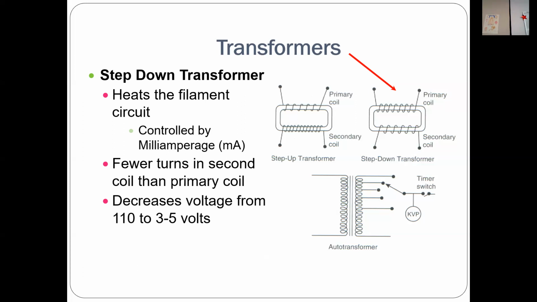So there's more potential for energy and that's a step up. Now, if you travel down the circuit line and there's 20 turns in the primary coil, and then you go to the secondary one and there's 5, that's a step down. You're going to reduce your energy, and that's a step down transformer.